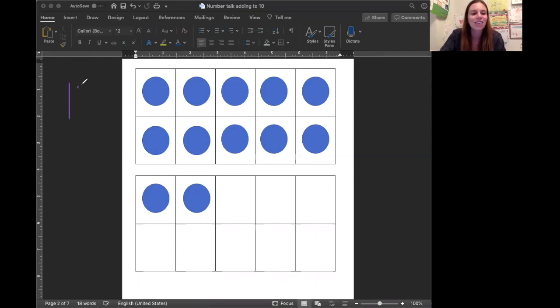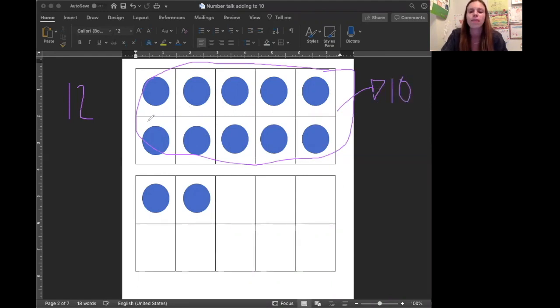Yes, there are 12 dots in all. We could count them, but we can also use what we know about tens frames. This up here is one whole tens frame, so we don't even need to count it. We know that that is 10.